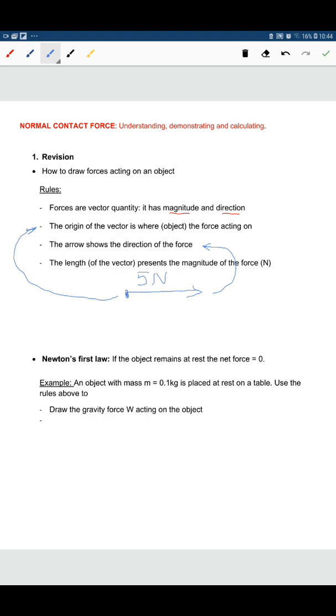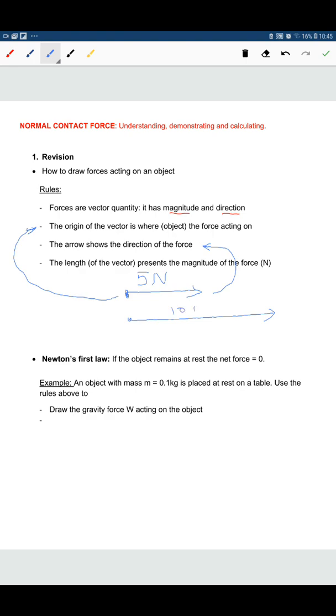So if you have another force with the value of 10 Newton acting in the same direction, you draw it like that. Same direction, and the length is double.